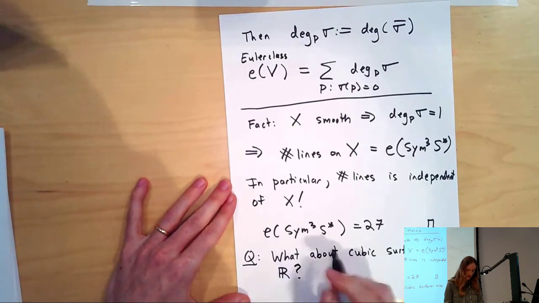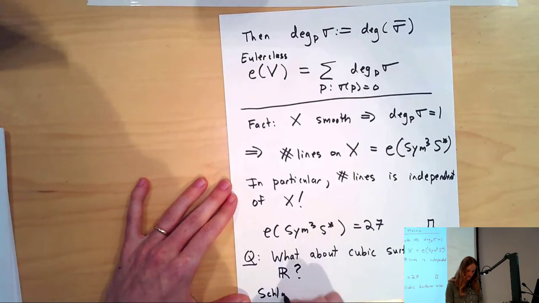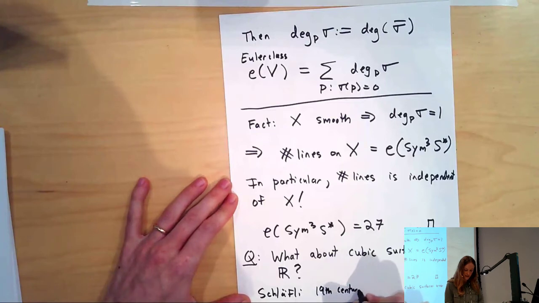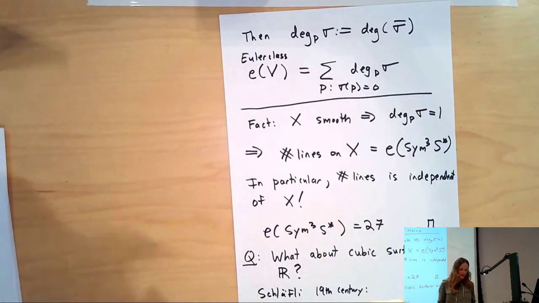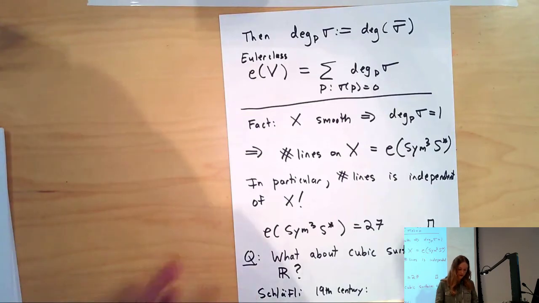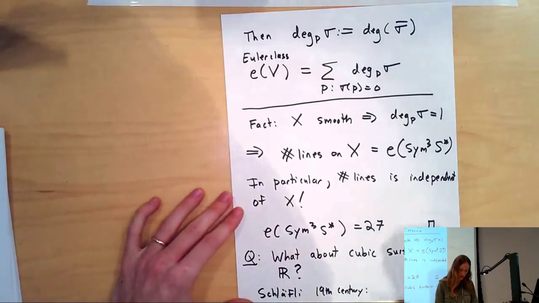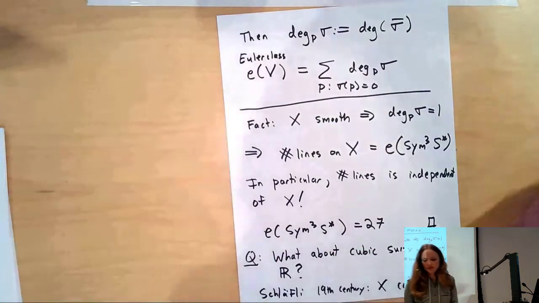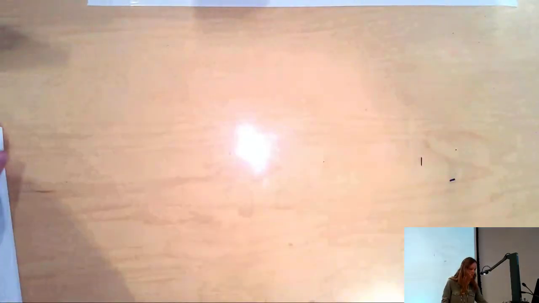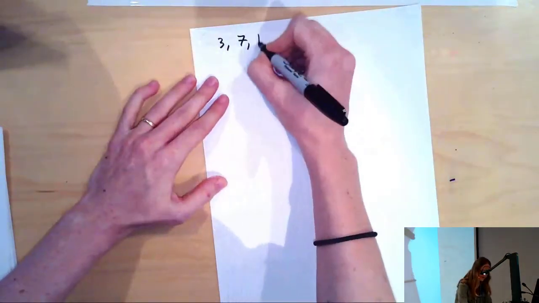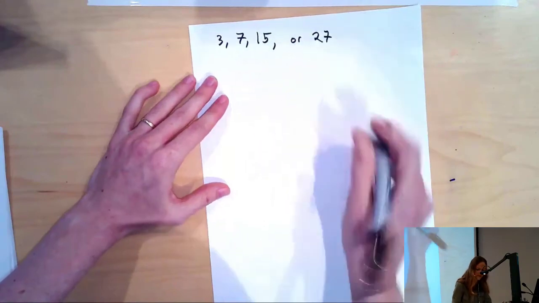An important point to note here is that in the 19th century, Schläfli did a whole bunch of classification of real cubic surfaces, and one of the things that he shows is that X can have 3, 7, 15, or 27 real lines. And in particular, it's not constant.